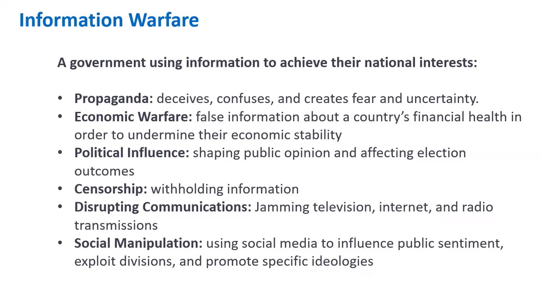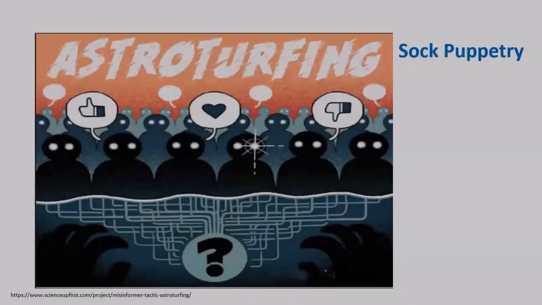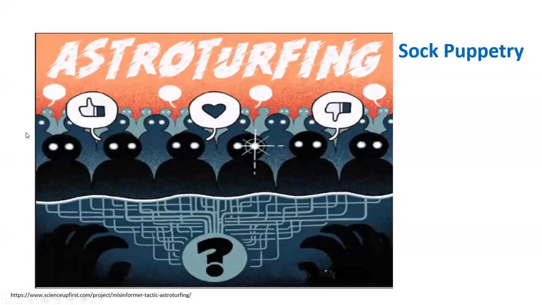Social manipulation is when people or countries use social media to influence public sentiment, exploit divisions, and promote specific ideologies. We saw a lot of this in the elections of 2016, where there was something called astroturfing or sock puppetry. Kind of odd terms.